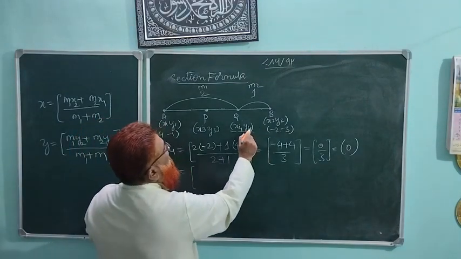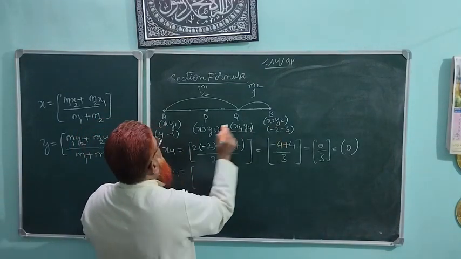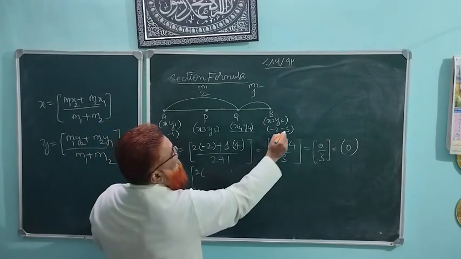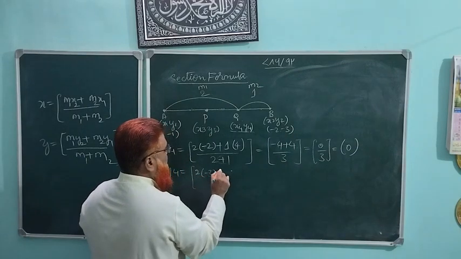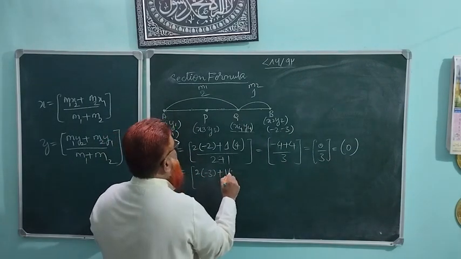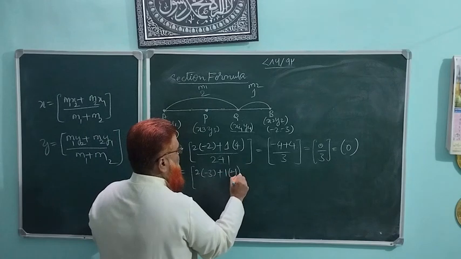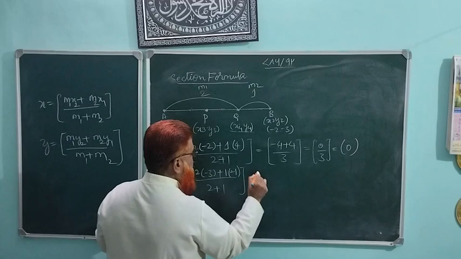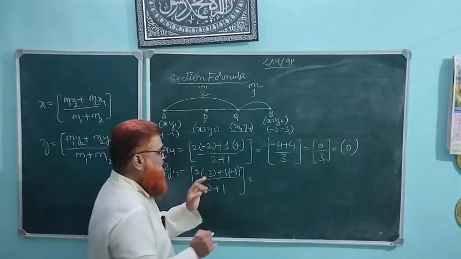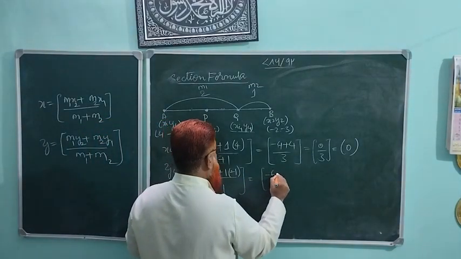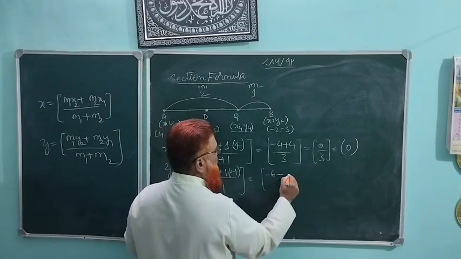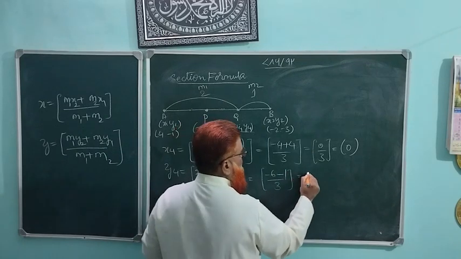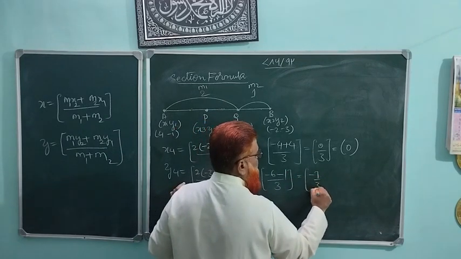Then y4 is equal to y2, y1 with these ratios. m1, 2 into y2 which is minus 3, plus m2, 1 into y1 which is minus 1, divided by 2 plus 1, which is equal to 2 3s are minus 6 plus 1 into minus 1, divided by 3, which is equal to minus 7 by 3.